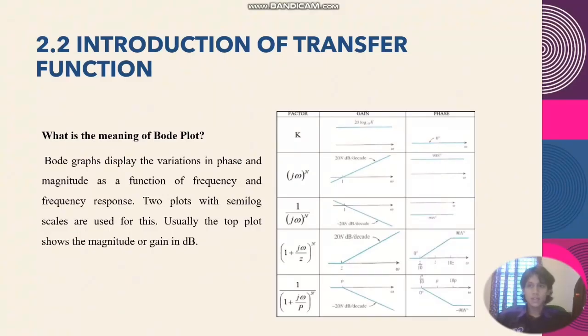All right, we move to the next part. Introduction of transfer function. What is the meaning of Bode plot? Bode graphs display the variation in phase and magnitude as a function of frequency, the frequency response. Two plots with semi-log scales are used for this. Usually the top plot shows the magnitude or gain in dB. So as you can see, the first one is a factor, gain and phase, that have a relationship.